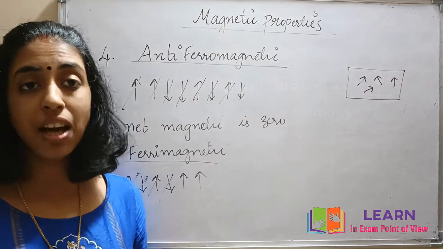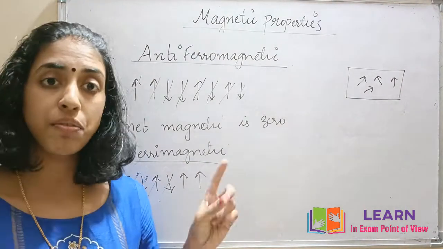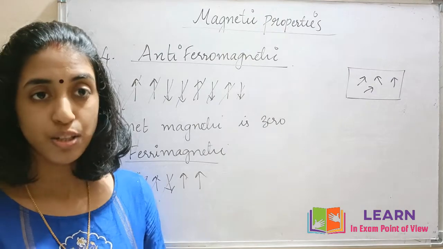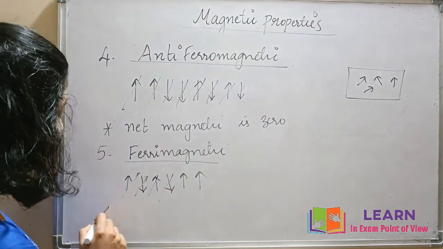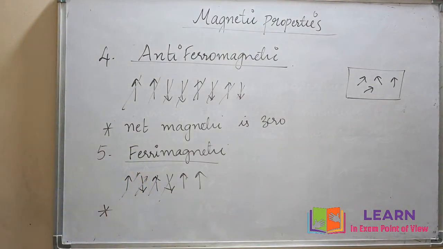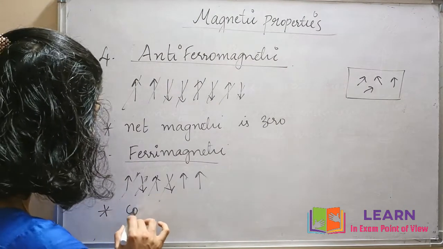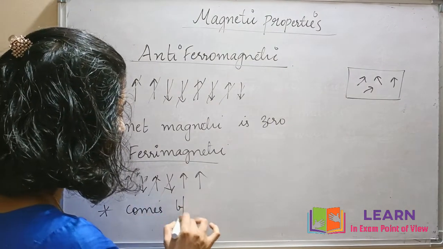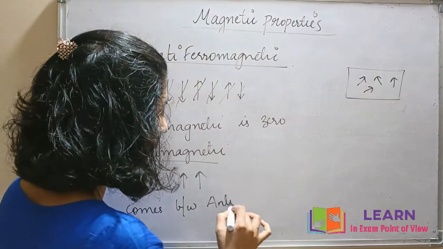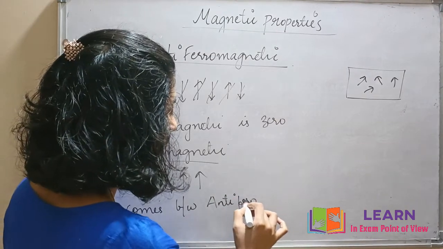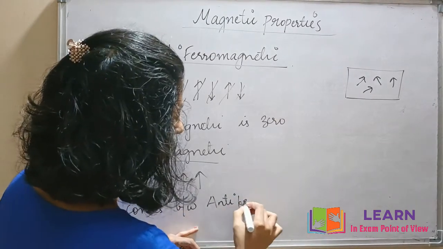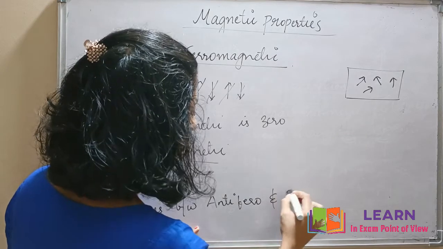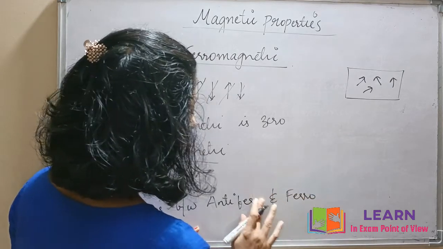That is, the net magnetic moment is not zero in ferrimagnetic substances. So the point to note: these substances come between antiferromagnetic and ferromagnetic substances.